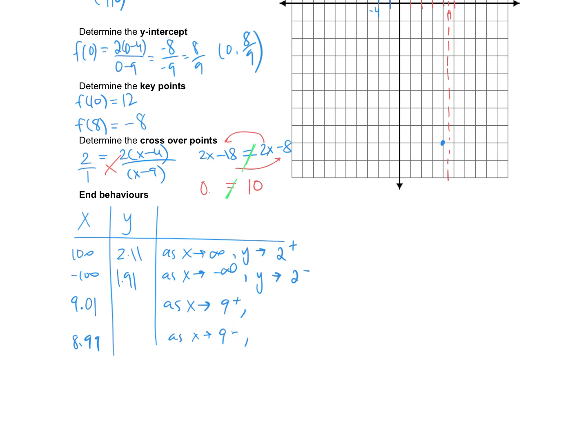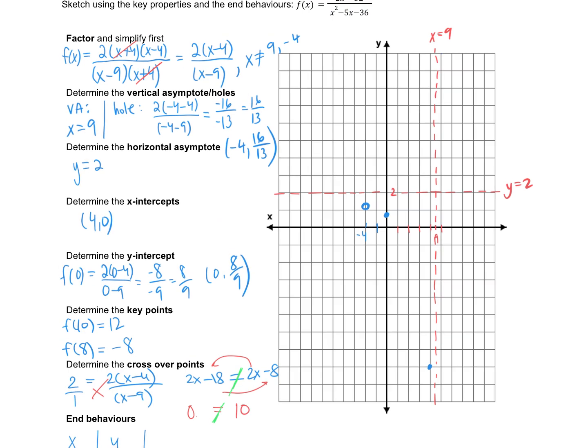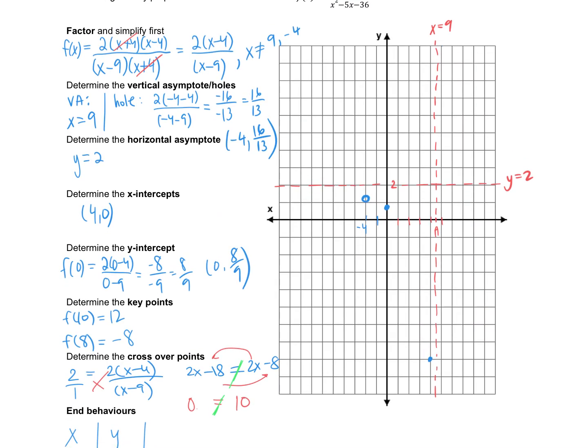I put 9.01 in for x in the simplified equation, and I get 1002. Yep, y is definitely going to positive infinity. I plug in 8.99 and I get negative 998. y is going to negative infinity, which I was predicting based on the points I saw. Now I can just connect my dots and be confident that everything worked out and there are no contradictions.